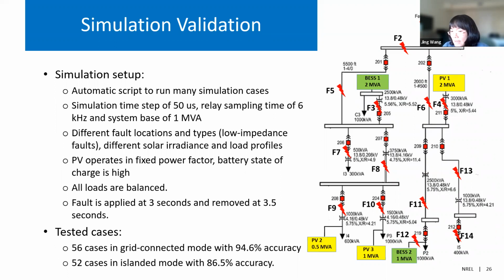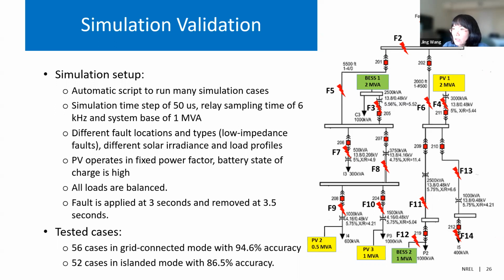So you can see the accuracy rate is actually quite good, and we see the grid connected is more challenging. Again, as I mentioned, this is under limited scenarios. So you can foresee for the traditional protection, this is a big challenge there.